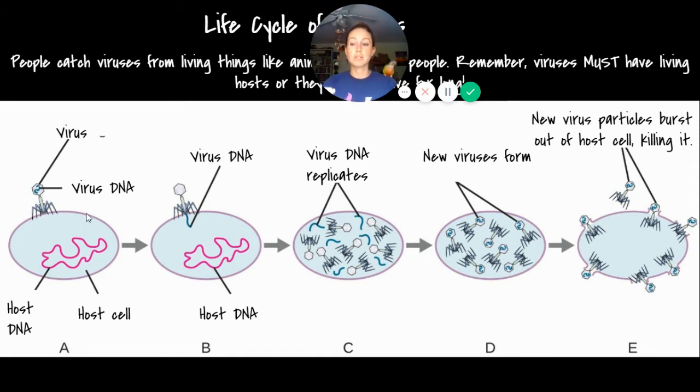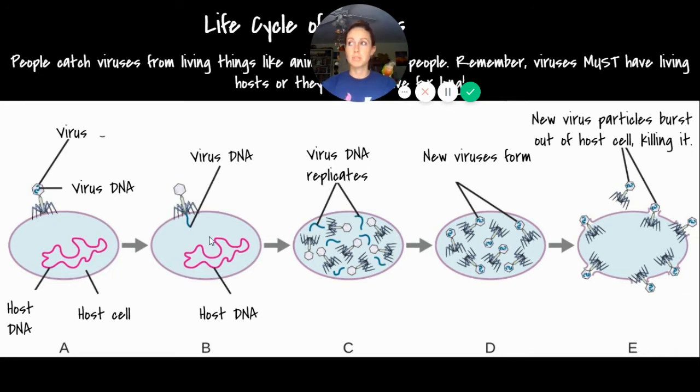That sheath is going to squeeze that DNA from the virus inside of the host cell. It has special pieces and parts to it that can break open the host cell's DNA and insert its own DNA into the genome of that bacteria.